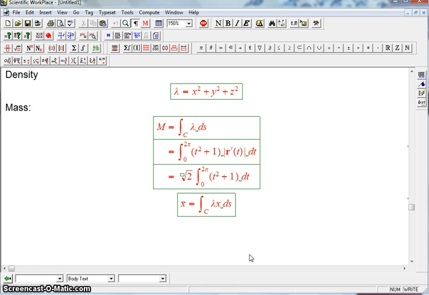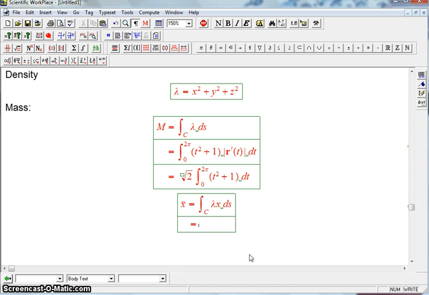This is talked about on page 1036. We did examples of this, so I was a little surprised that people had this much trouble with it, but maybe it's because it's three-dimensional. It's not any different. It's just x times the density. They use rho, but I think that's silly for a linear density. Lambda's a better letter. So, what's that going to be?